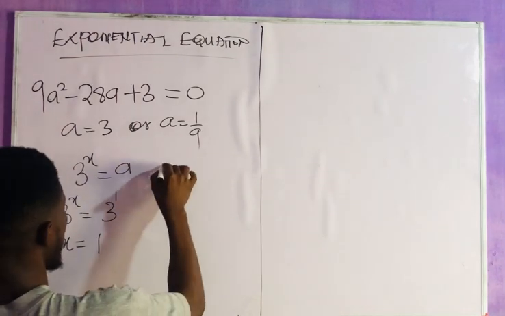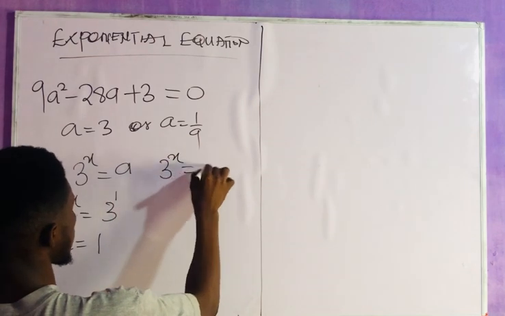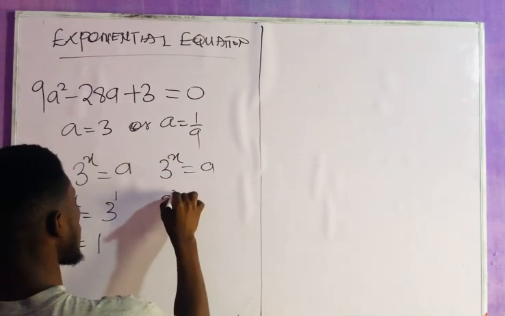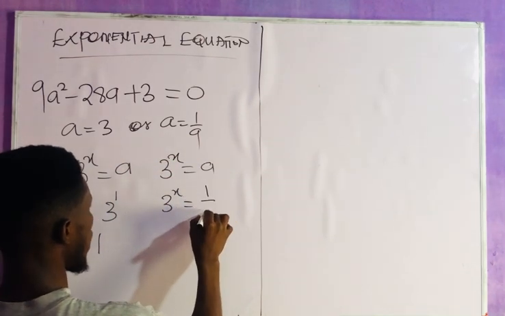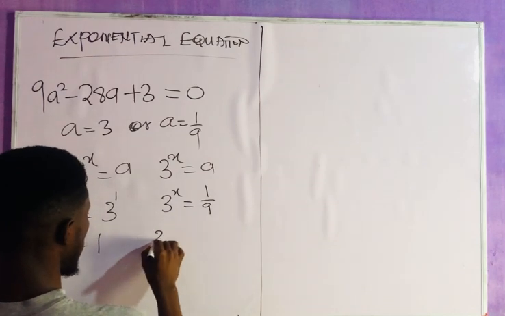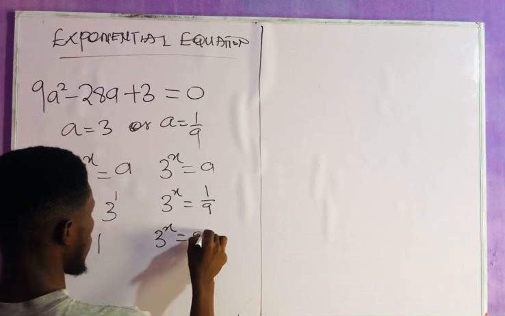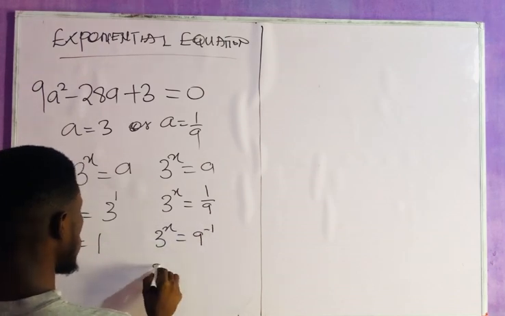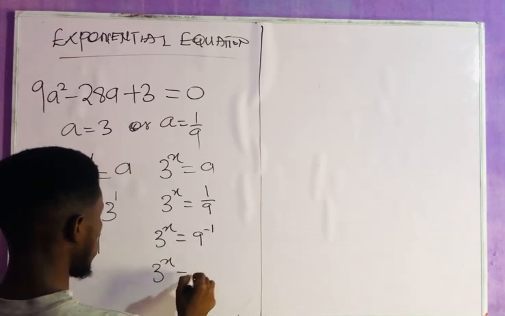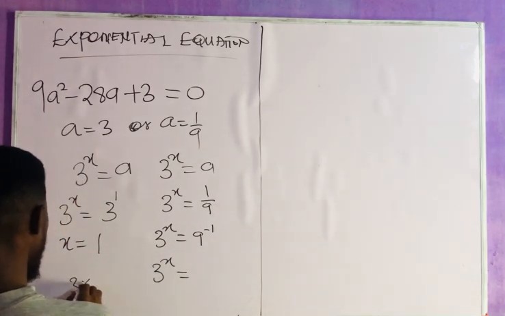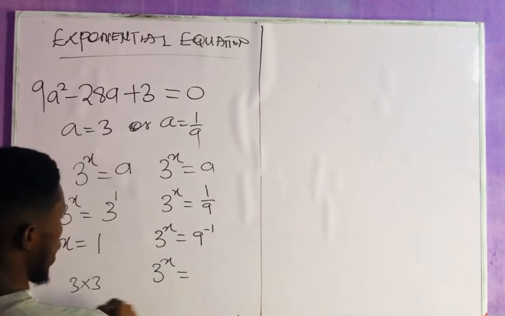Then if I come to this direction, you have 3 to the power x equals a. So 3 to the power x equals 1 over 9. This one can be written as 9 to the power negative 1. You know that 3 times 3 will give you what? 9.